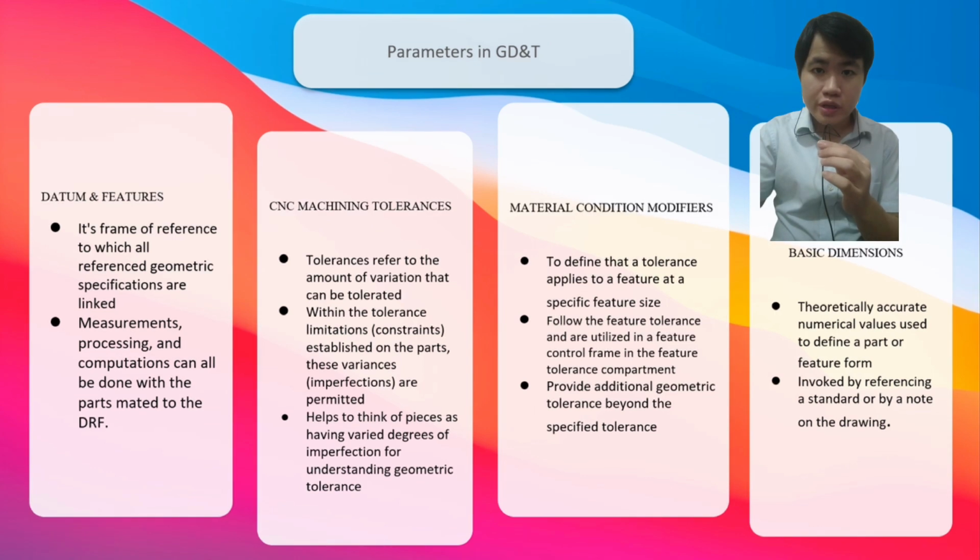There are several points that contribute to the GD&T concept. When it comes to understanding GD&T, there is a lot to learn to assist individuals to comprehend the most significant GD&T applications involved. Firstly, we look into the CNC machining tolerance. Tolerance refers to the amount of variation that can be tolerated when we look at a machined part.